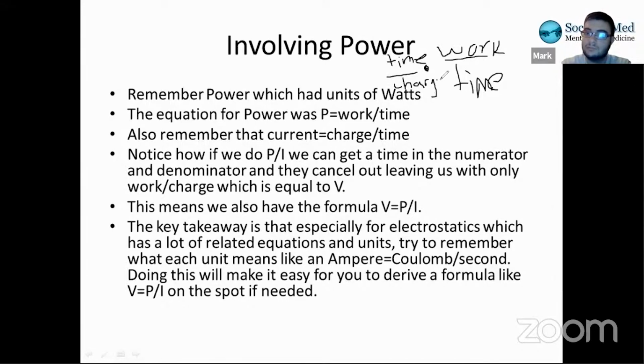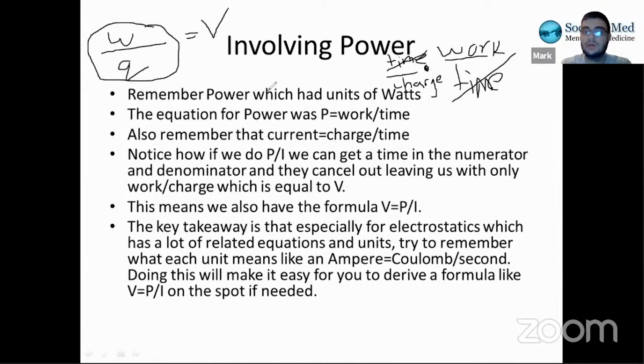Now look, time and time cancel out when you multiply these, and you're just left with work over charge, which is W over Q. And now look, when you did power divided by current, you were left with work over charge, which is equal to voltage. So this is another important formula for finding voltage: power over current.